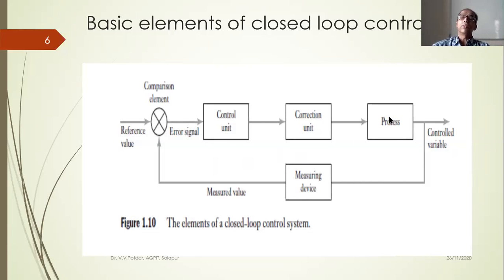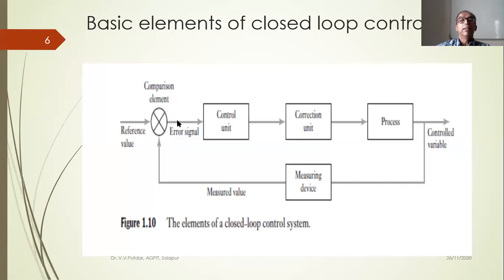You have the process or system, you have the measuring element or the feedback element, you have the controller element, control unit, correction unit, actuating unit, then the processor, you have the controlled variable, your feedback variable or measuring device, then you have a comparison element. So you have the reference input compared with the feedback value.